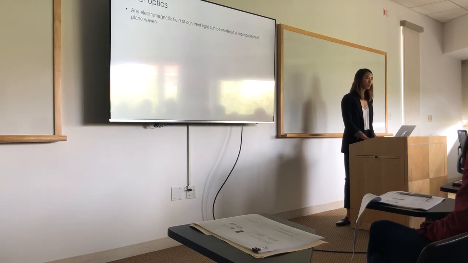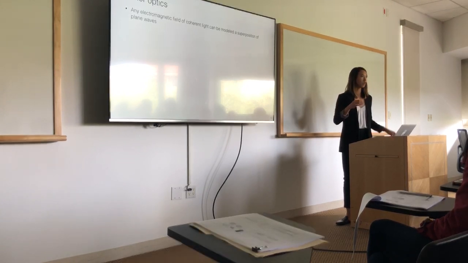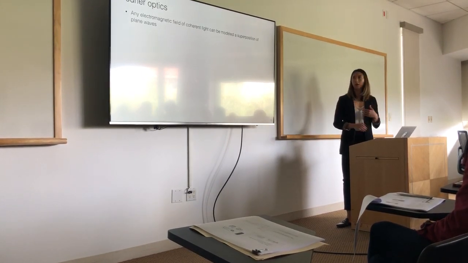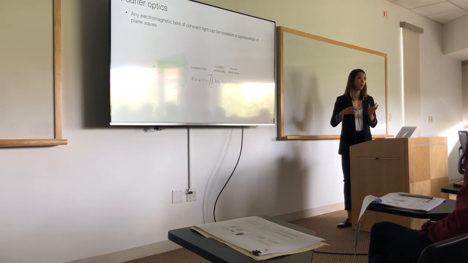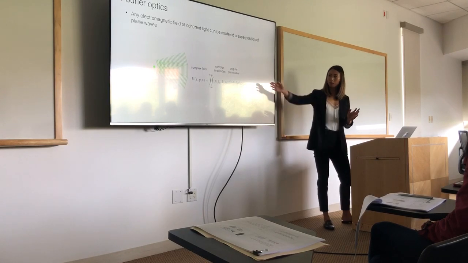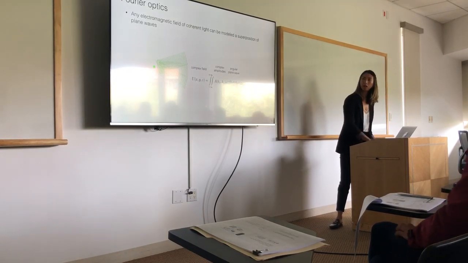So in Fourier optics, we're able to decompose any input light waveform into a spectrum of angular plane waves. So essentially, whatever light form we have, we can decompose that, described in that equation, as a summation of plane waves, so these angular plane waves traveling at different angles.